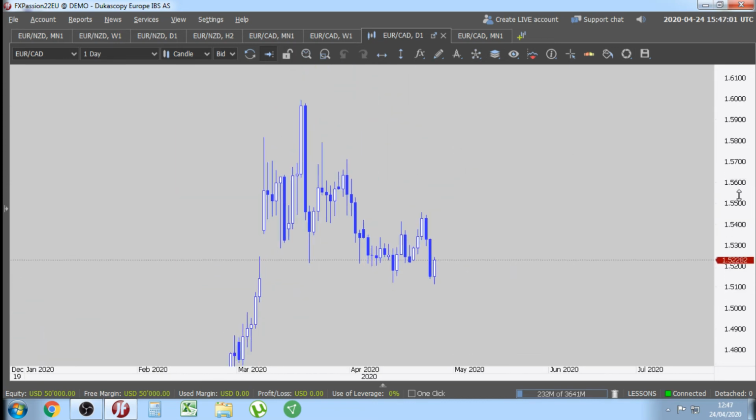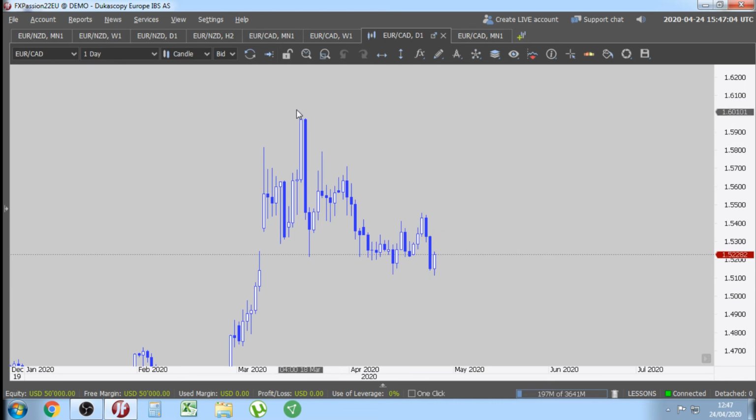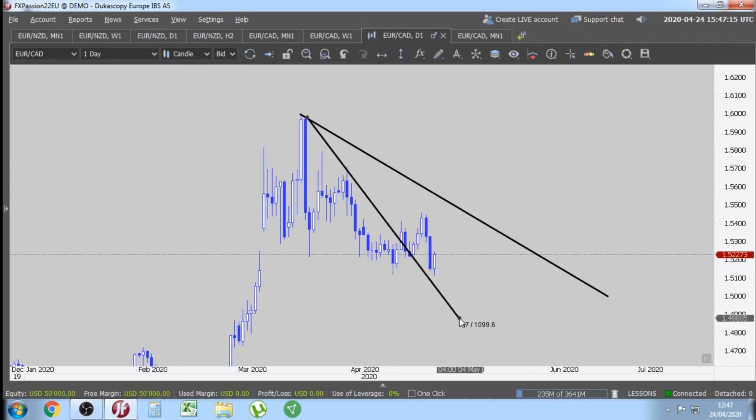Maybe I'm not being fair. Let's check the daily chart and try to understand what the trader saw. So this is the downtrend line if you want, and another one would be before.